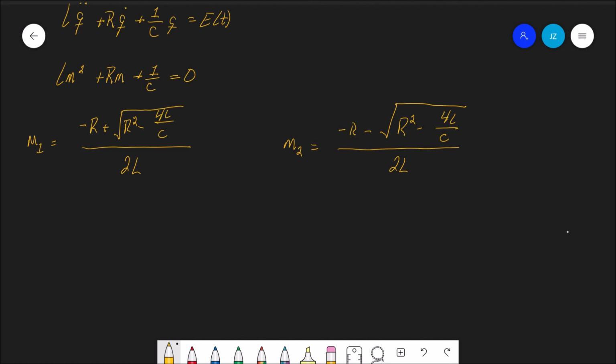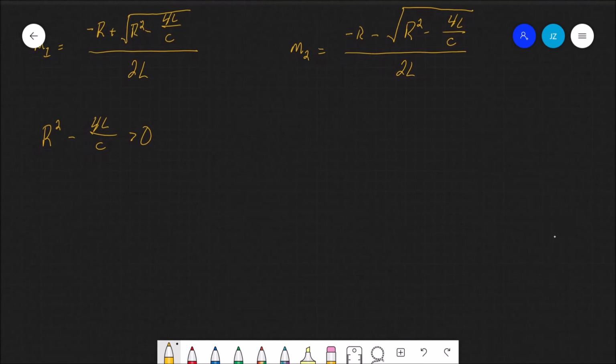As with the spring system, we have 3 cases. If R squared minus 4L over C is greater than 0, the system is overdamped, and we have a transient solution.